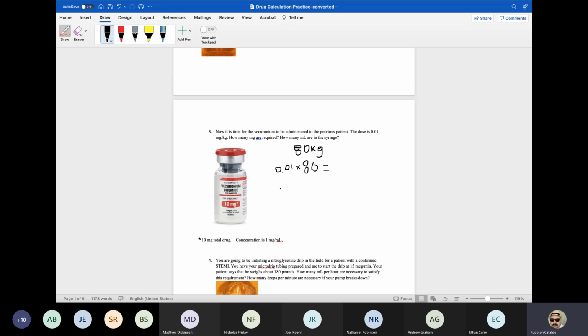Okay. Now this vial is supplied 10 milligrams. If you look close enough at the bottom, there's 10 milligrams in 10 mLs.